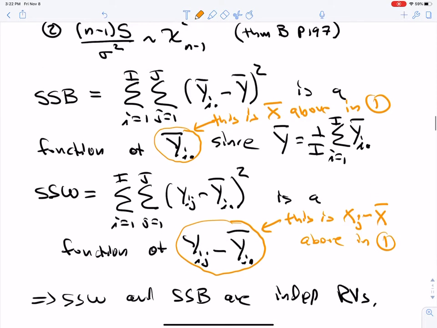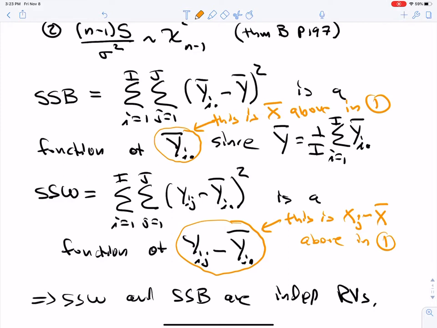So now the SSB is a function of y bar i dot, and this is because y bar is in fact a function of y bar i dot. Similarly SSW clearly is a function of yij minus y bar i dot.